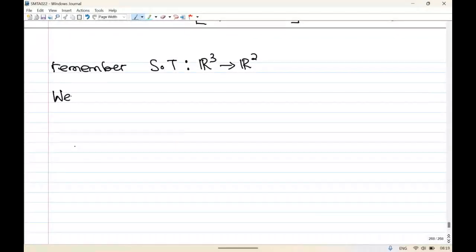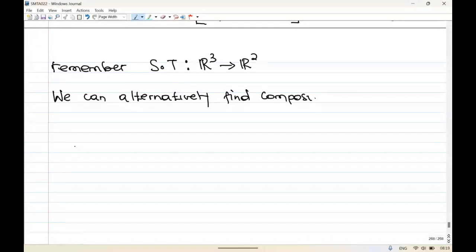We can alternatively find the composition by matrix multiplication.